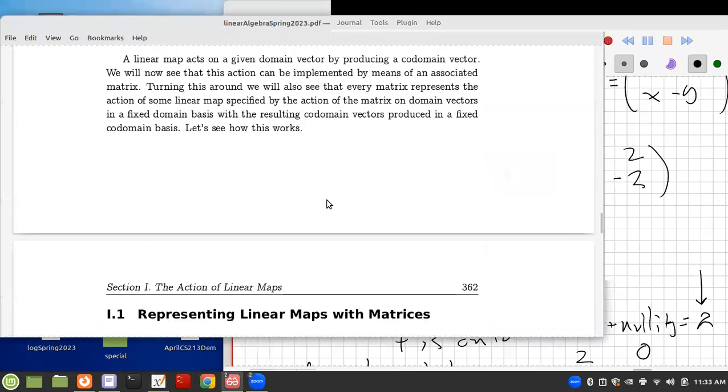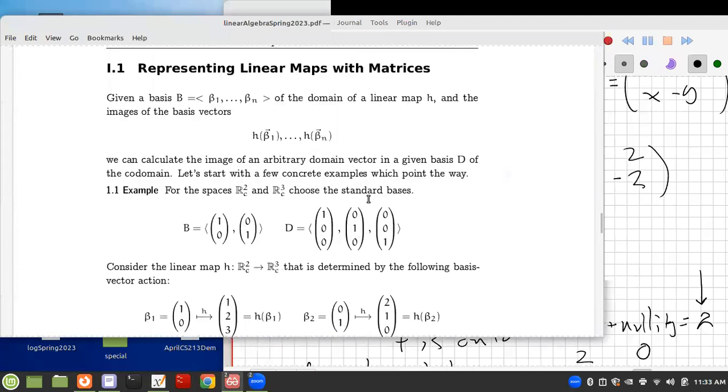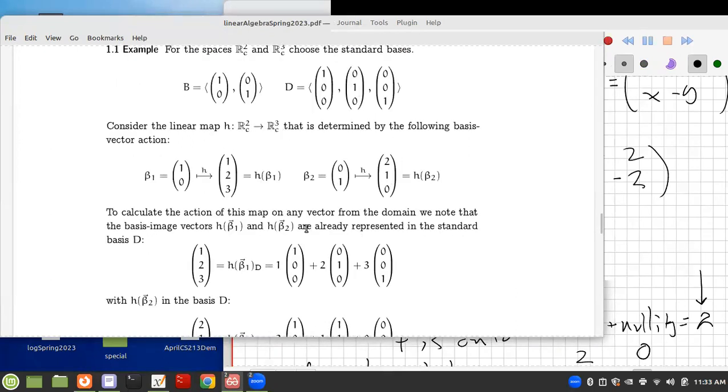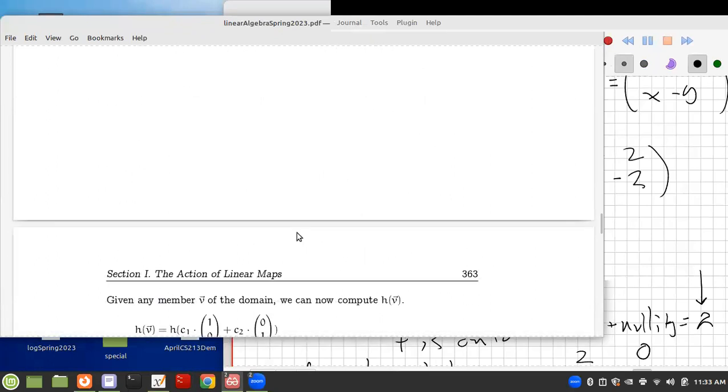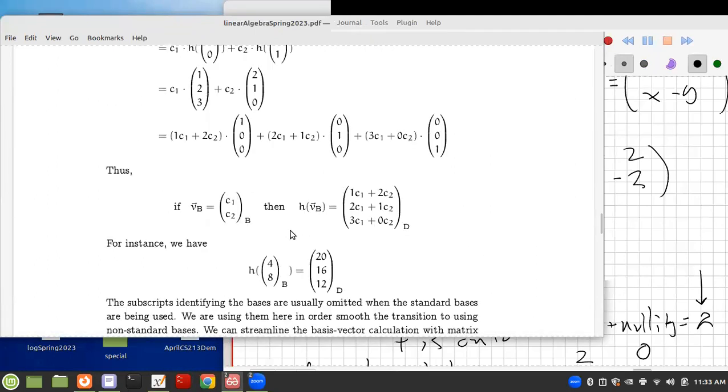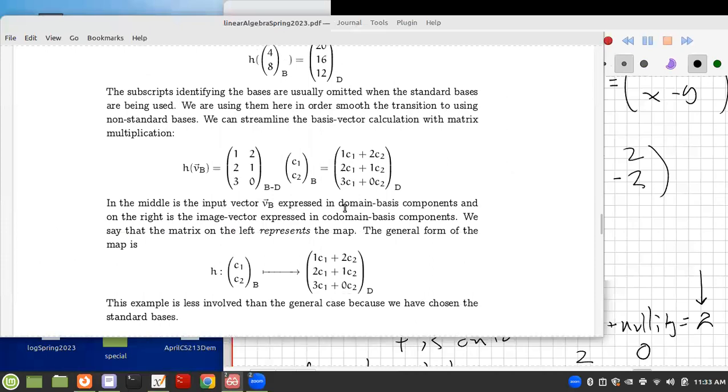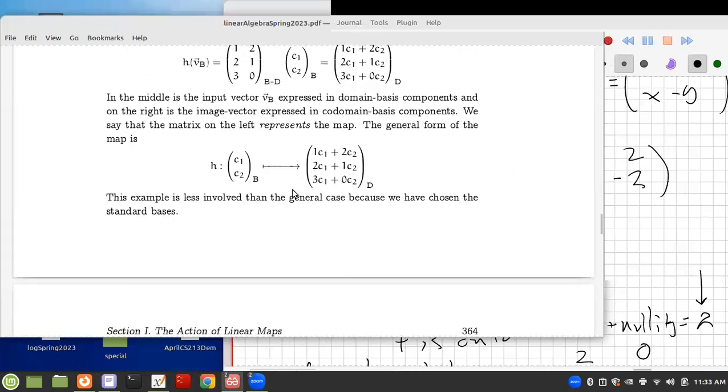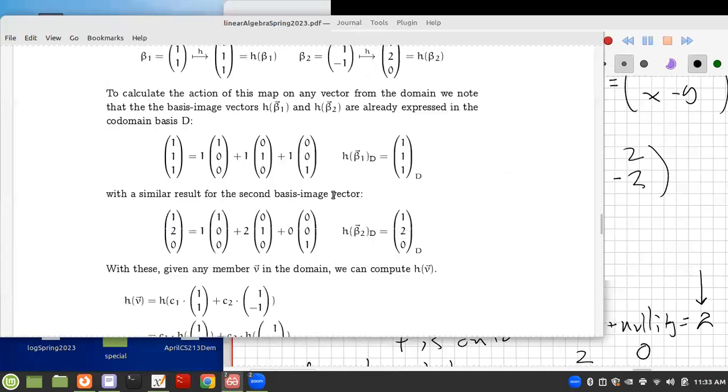We have the action of linear maps. So it goes through and shows there are many different cases, right? If we have standard bases, then it motivates what's going on in terms of the map being produced by matrix multiplication.